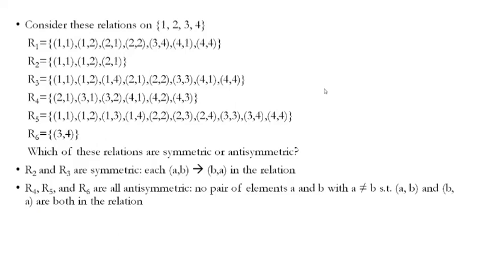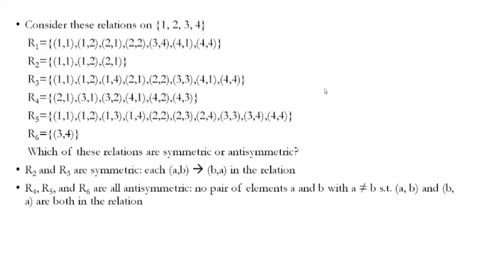If I had written 3 comma 3 in the same R4, it is still antisymmetric, right? But it is not asymmetric. It is not asymmetric, but it is antisymmetric. I hope you got it.